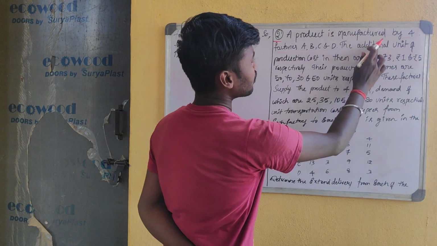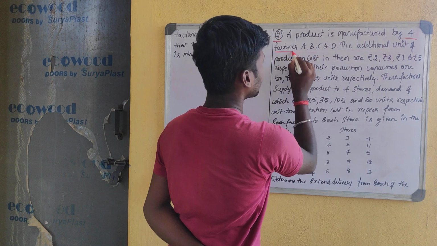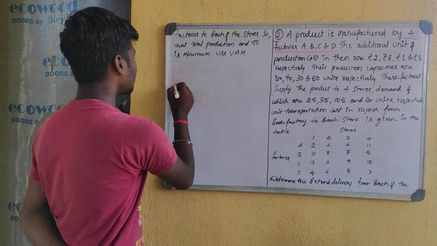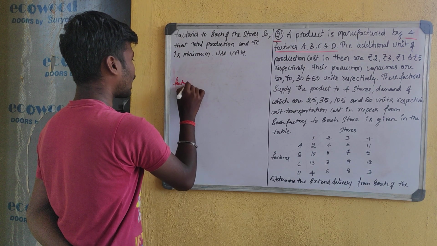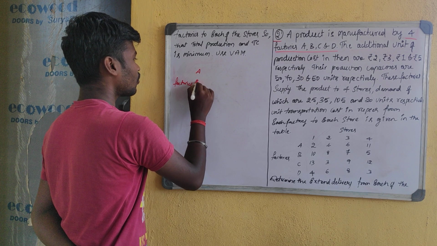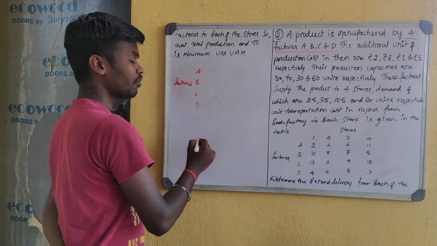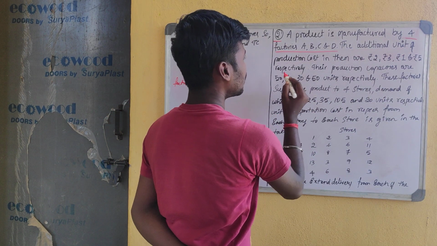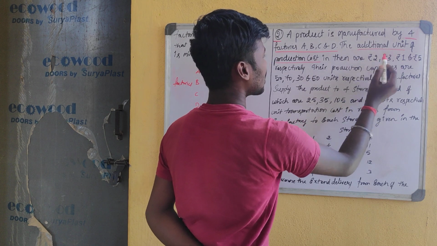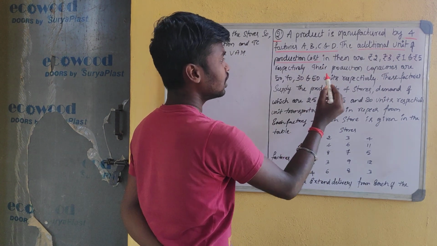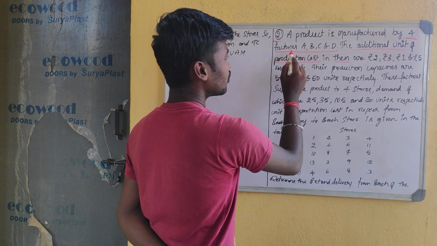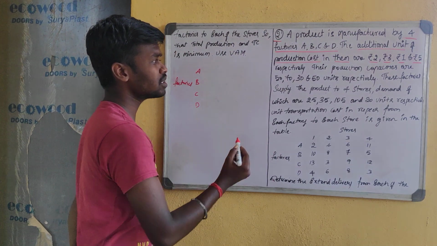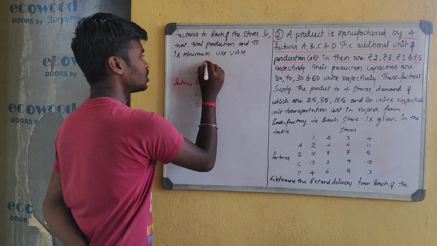A product is manufactured by 4 factories, that is A, B, C and D. So how many factories are there? There are 4 factories: factory A, factory B, factory C and factory D. And the additional unit production cost, that is the additional cost incurred for 1 unit in these 4 factories, is 2 rupees, 3 rupees, 1 rupee and 5 rupees respectively.